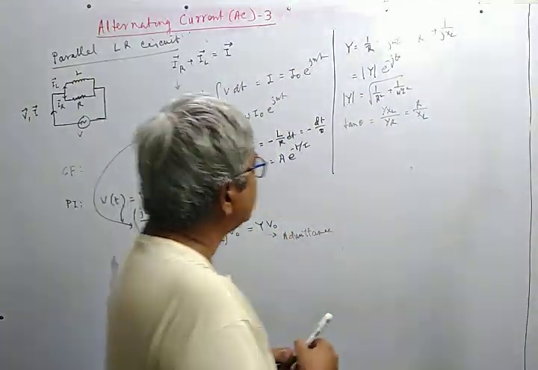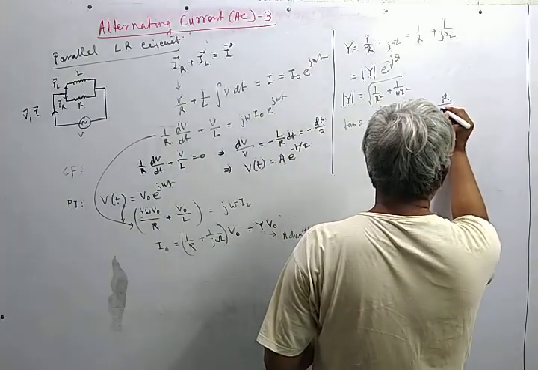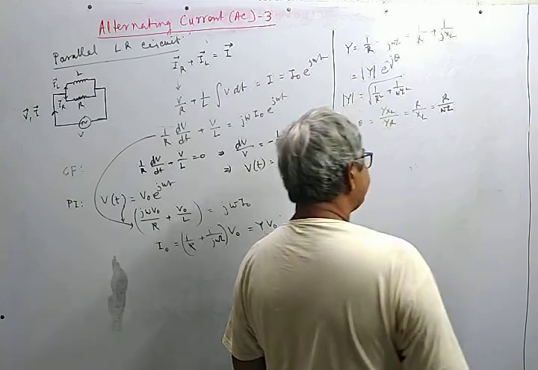So writing it, this becomes R by omega L.